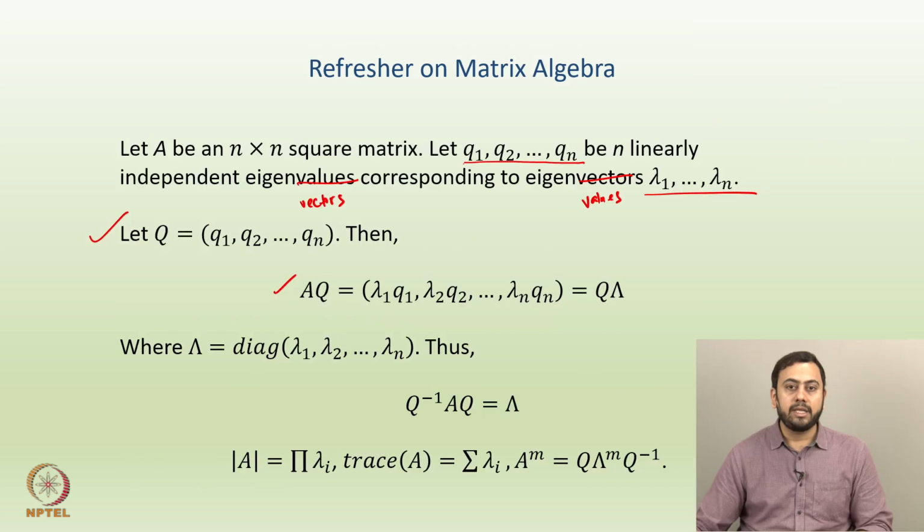Hence, can't you write down something like this? The matrix AQ would be nothing but the eigenvalues lambda 1, lambda 2 up to lambda n times the corresponding eigenvectors Q1, Q2, Qn.